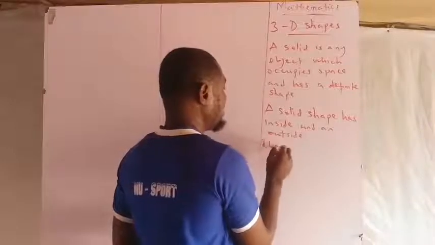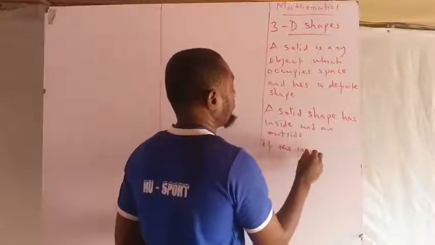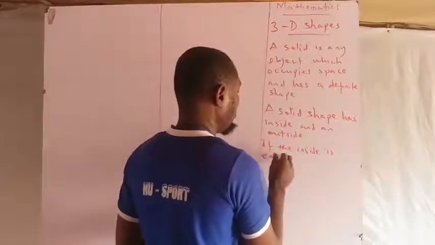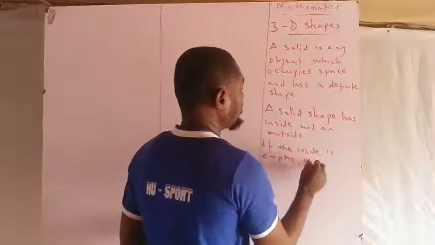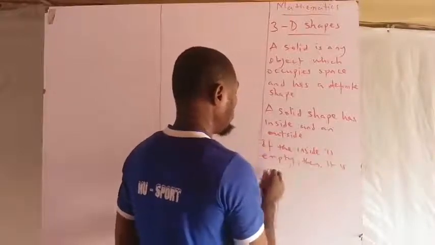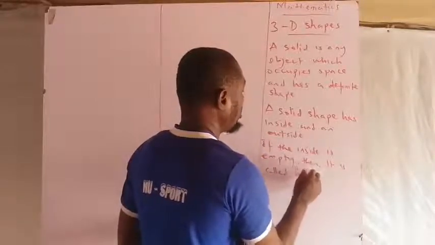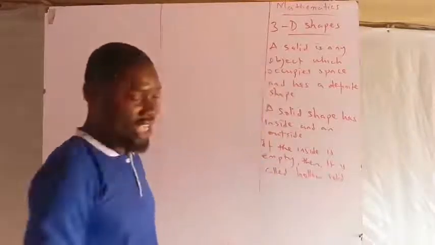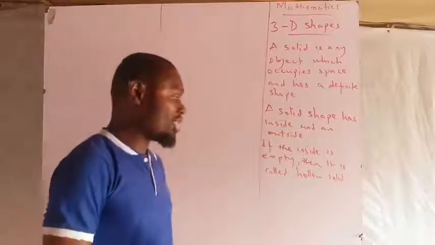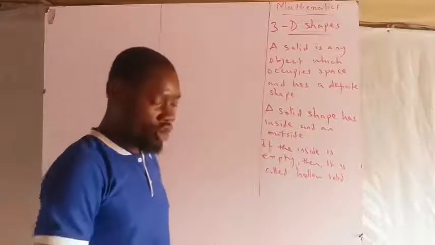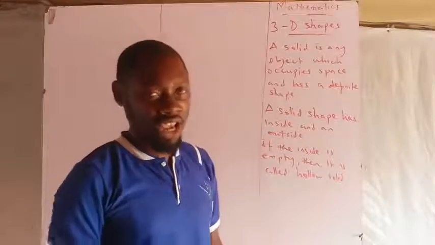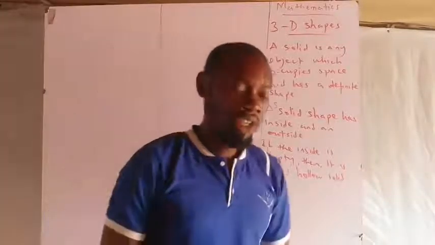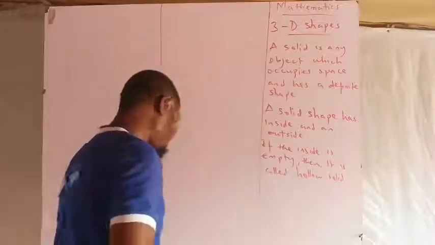If the inside is empty, then it is called hollow solid. I've also said a solid shape that you can measure the size of is called a geometrical solid shape. Any shape that you can measure the size of, such a shape is called geometrical solid shape.